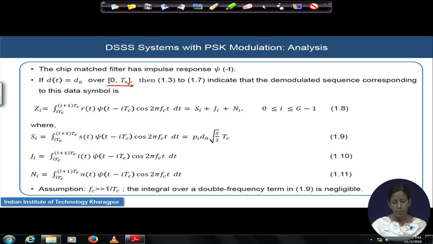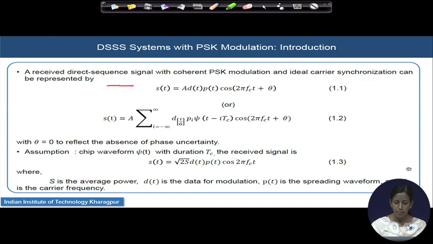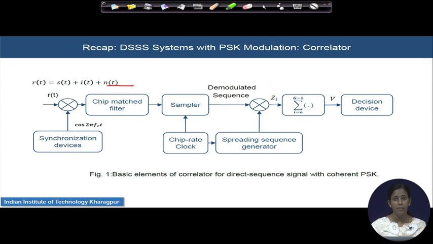Then remember that Z_i is the data symbol that comes after the demodulated sequence is multiplied by the locally generated PN sequence. This is here. So, we have considered r(t), then inside s(t) the condition of d(t) equal to d0 over 0 to 2s. We have sampled it, multiplied it with the locally generated sequence, and then we are here inside Z_i.